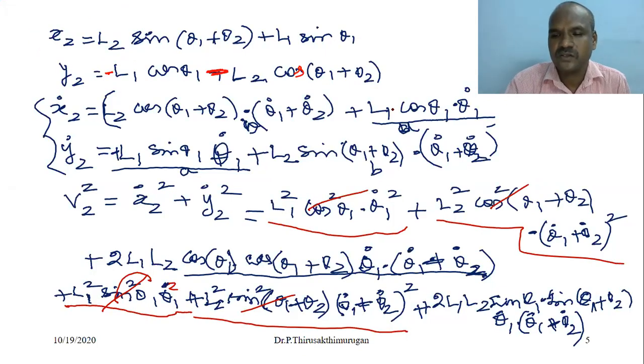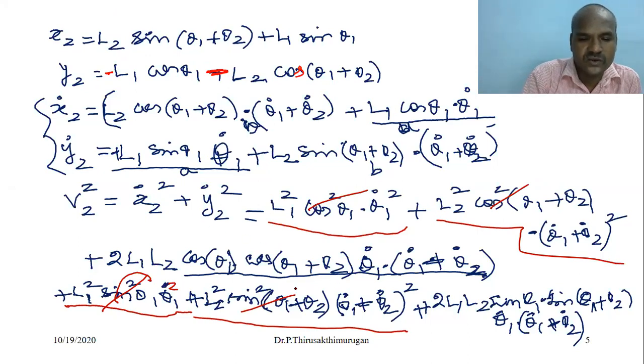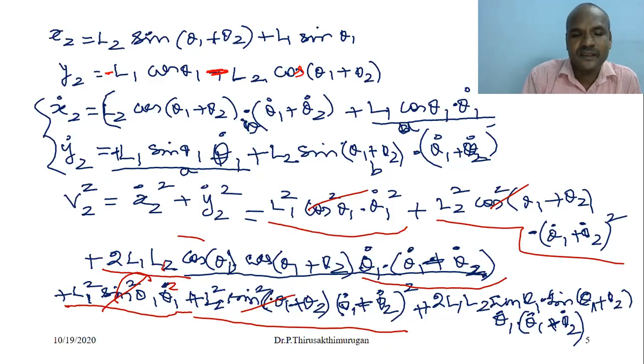This term also vanishes. What are the remaining things here? 2 L1 L2 cos theta 1 cos theta 1 plus theta 2 theta 1 dot into theta 1 dot plus theta 2 dot. Similarly here, we can take 2 L1 L2 theta 1 dot and theta 1 dot plus theta 2 dot as common. If you take these two terms as common, we finally will get cos of theta 1.